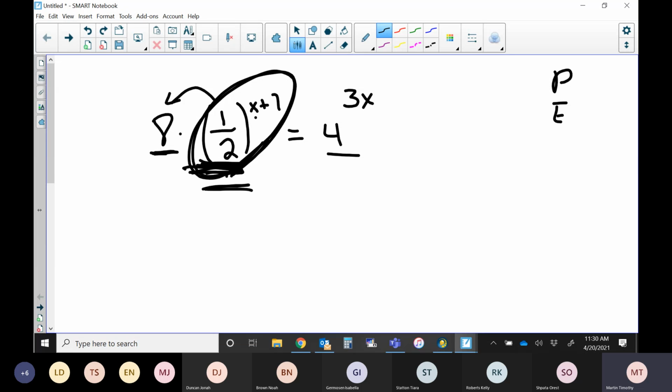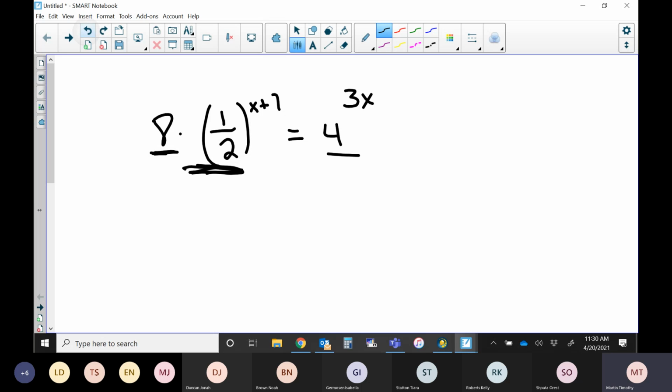So I can't come in here and multiply this by 8. The other reason it's wrong is if I could do that, you would have to times this side by 8, and then this no longer would be a 4, so they wouldn't be the same base again if that was possible, which it's not. So there's two reasons why that wouldn't work. Does everybody understand what I just said there? Thumbs up.